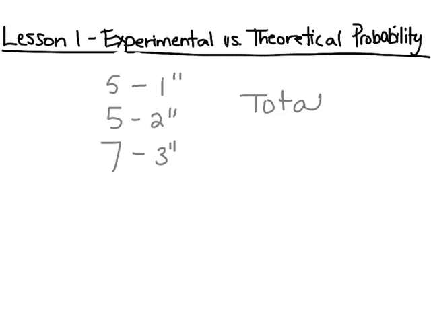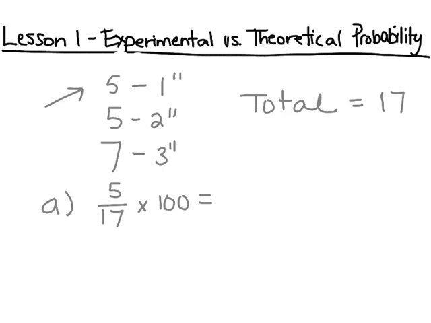So altogether, there's a total of 17 nails in the bag. So if he's picking the first nail, the probability of it being 1 inch, so there's 5 in total, so it'd be 5 out of 17. And to find it as a probability, you're going to do 5 divided by 17 times 100, and you should get 29%.